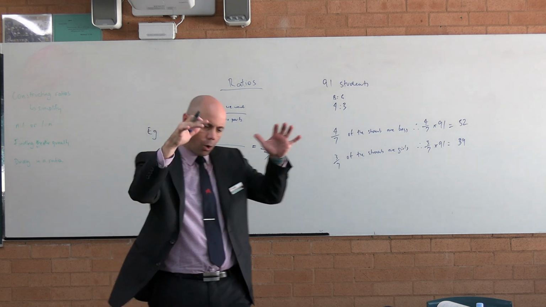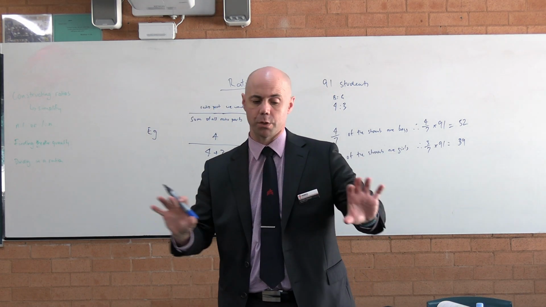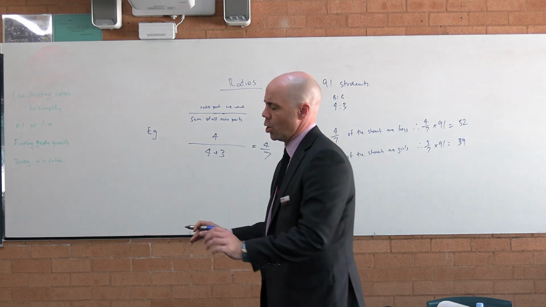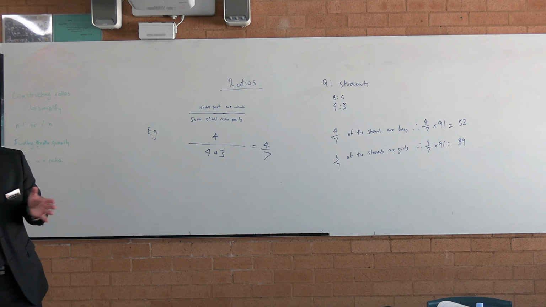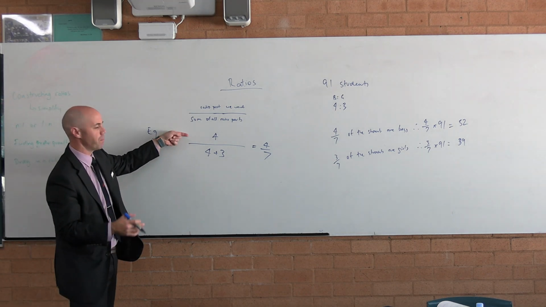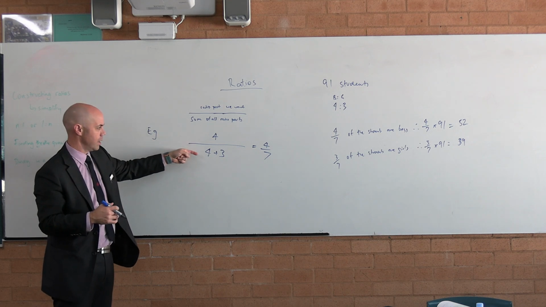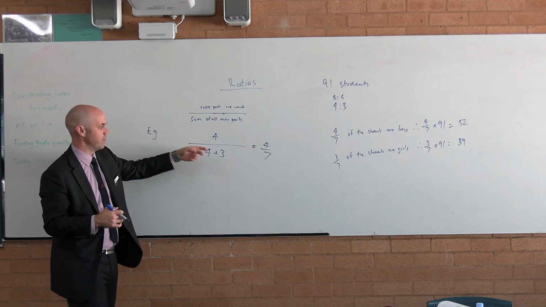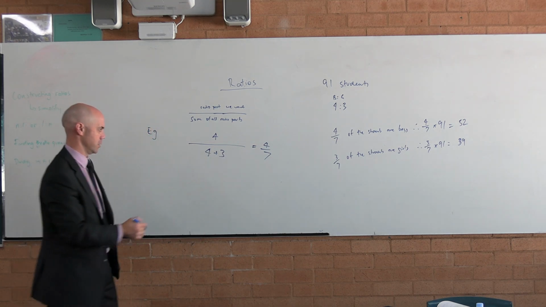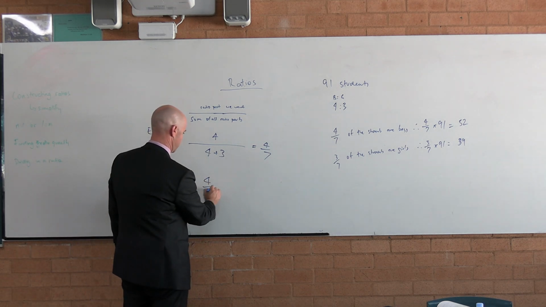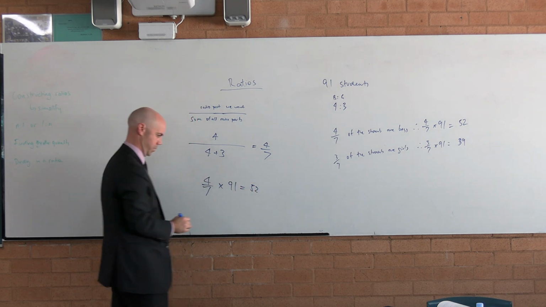So when we've got a whole amount and we're going to divide it up into its ratio parts, the bottom line of the fraction is the sum of all the ratio parts, and the top line is the part we're particularly interested in. Then we take that fraction and multiply by the whole amount. In this case it was 4/7 times 91 equals 52 boys.